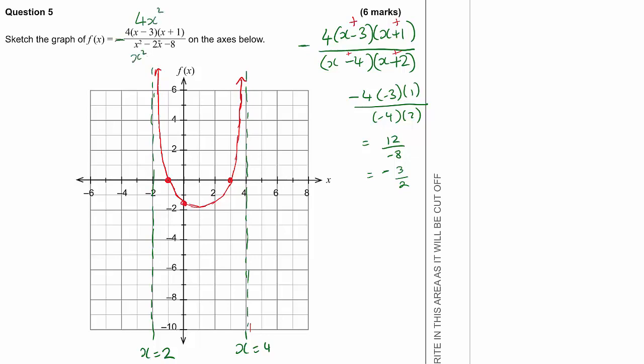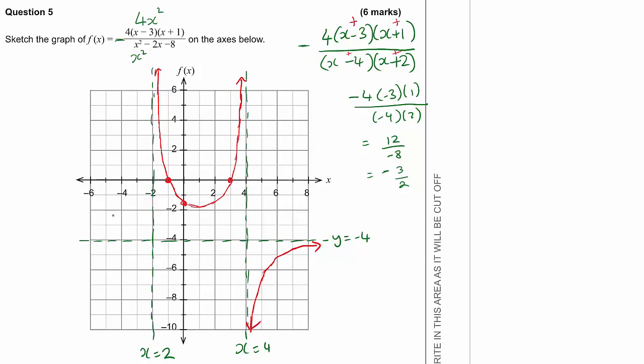We've got a negative in front. So the horizontal asymptote will actually be at negative 4. So it is going to come in from the asymptote, but it's going to go out along this asymptote just here.